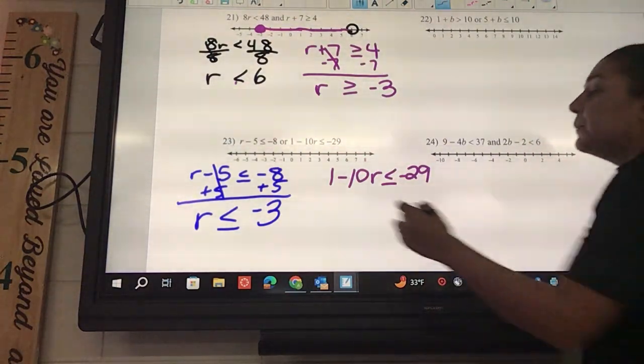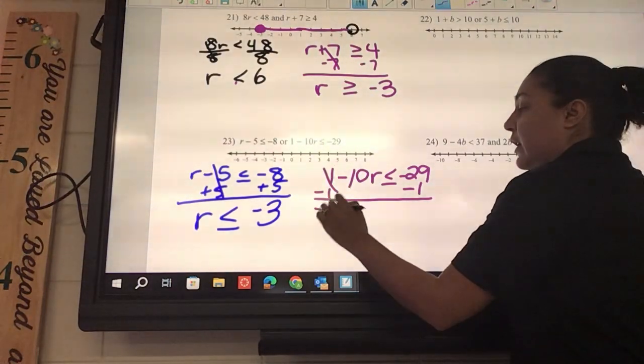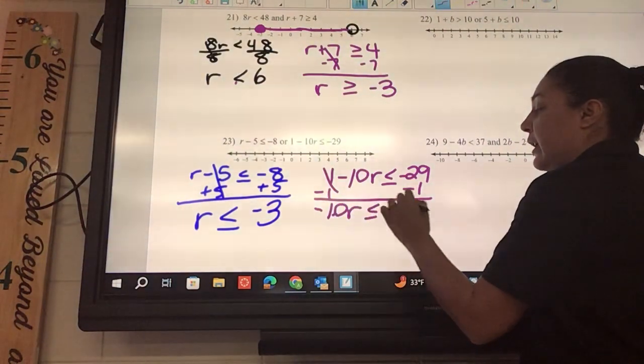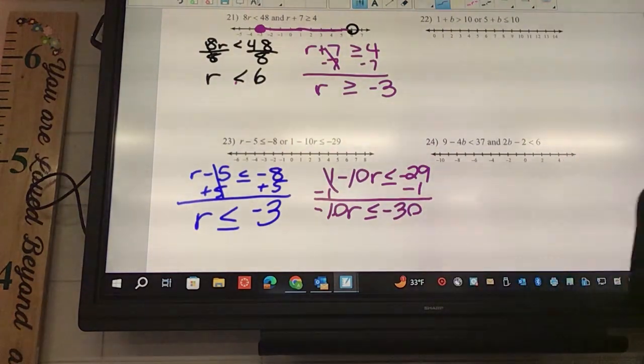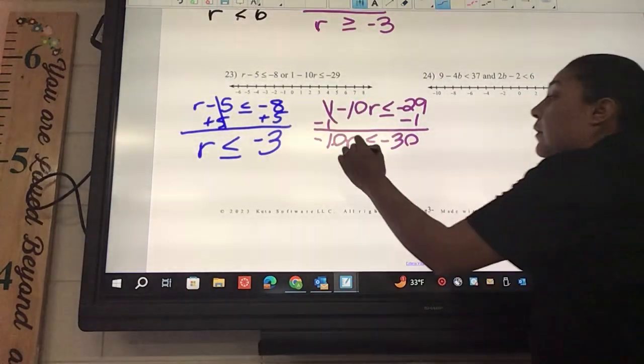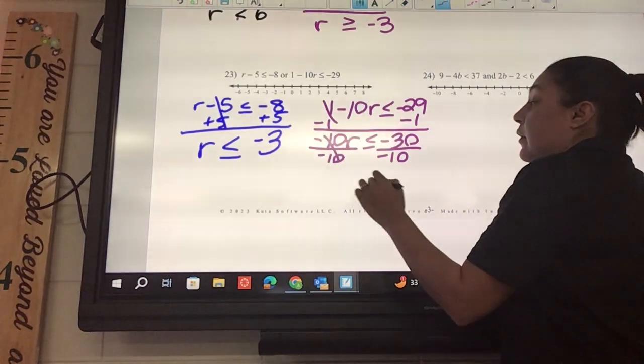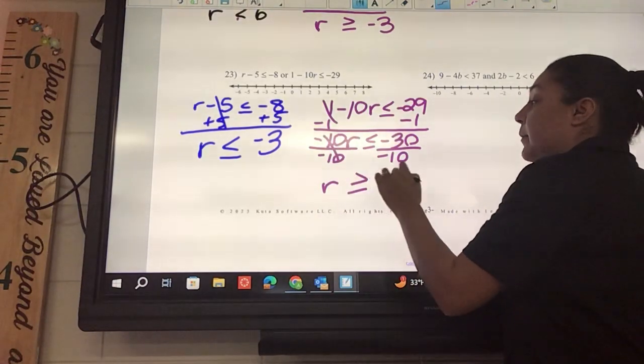Good job, -1. So I'm going to get a -10r and a -30. Divide by -10. And then flip. We do need to flip.